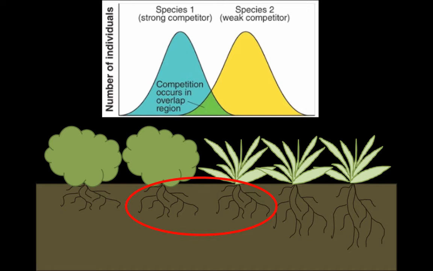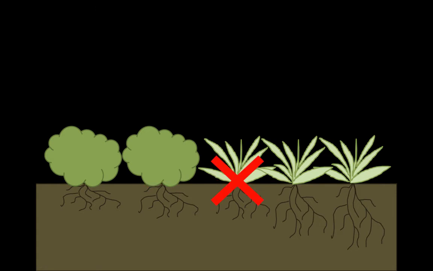Now, what's going to happen as a result of this, because species 2 was the weaker of the two competitors, the individuals that are in direct competition are going to essentially lose, which means they will be eliminated.